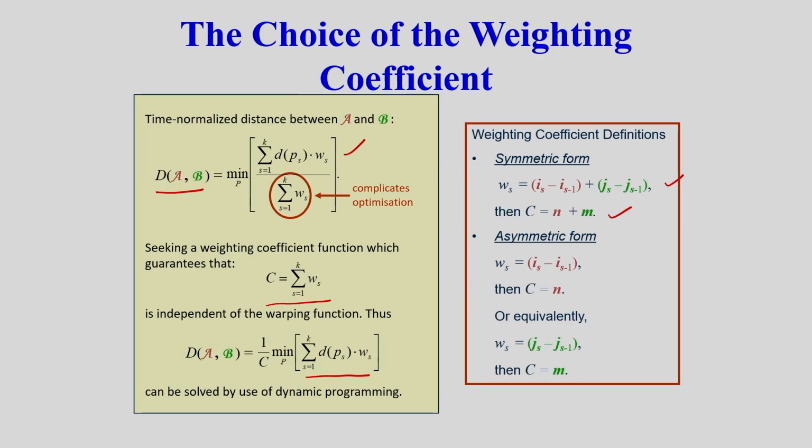And similarly, in the asymmetric form, Ws is this, and C is equal to n, or maybe C is equal to m. So I may consider the symmetric form or the asymmetric form for solving the dynamic programming problem.